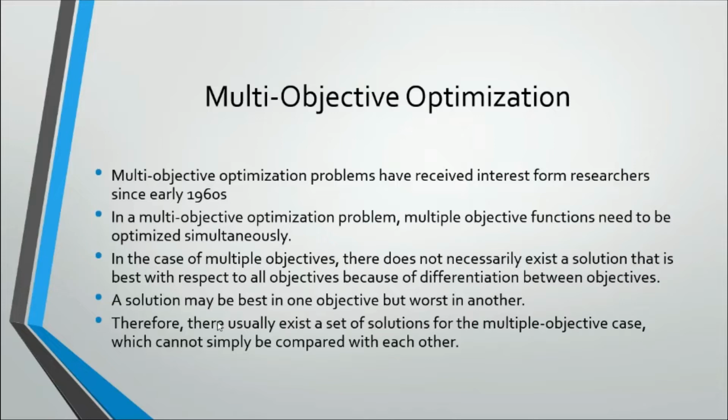So as we said earlier, in a multi-objective optimization problem, multiple objective functions need to be optimized simultaneously. In many cases, or in all the cases of multi-objective optimization problems, there does not exist a single solution that is best with respect to all the objectives. This is because of the differentiation between the objectives.